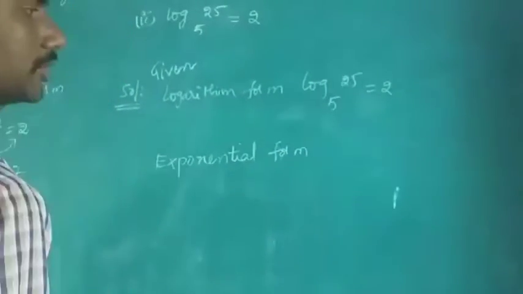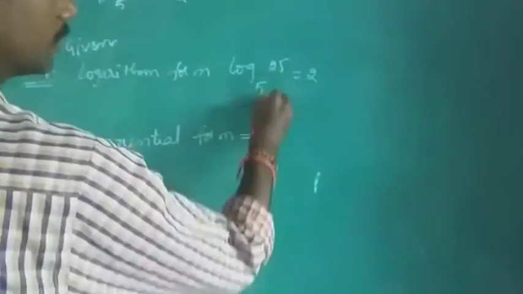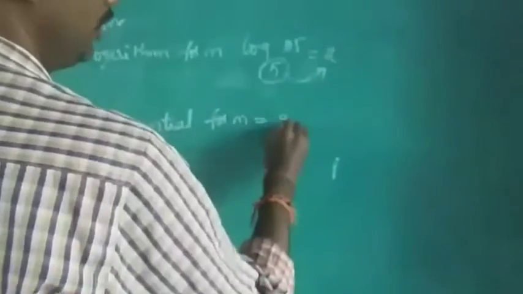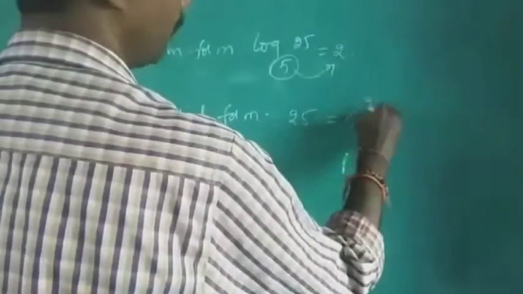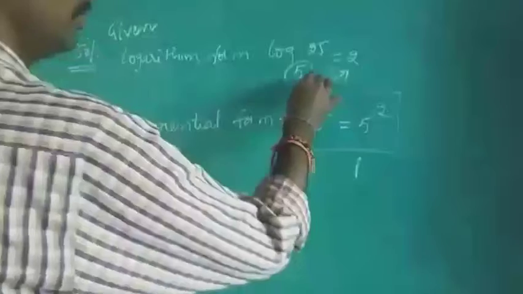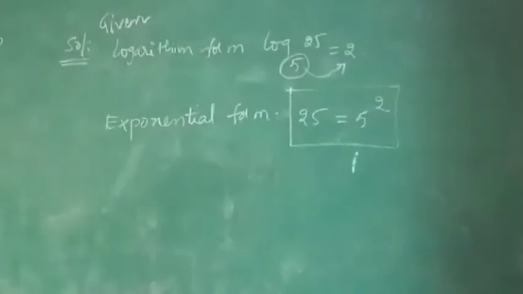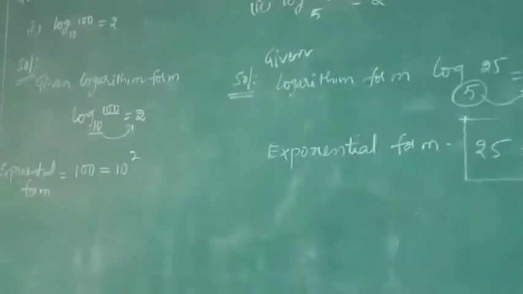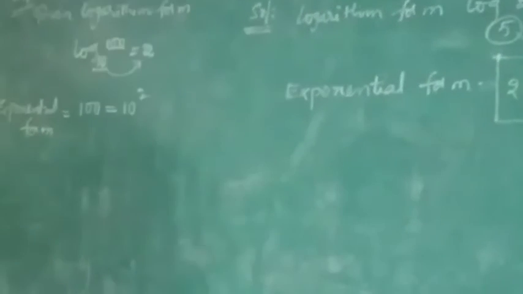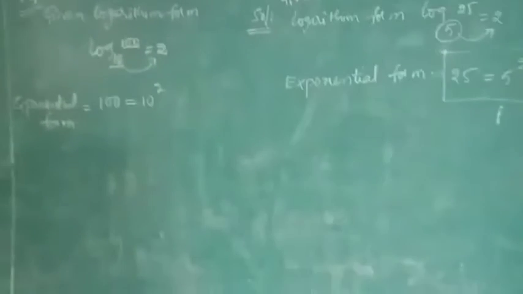How can you write this exponential form? This 5 you are transposing. Then 25 is equal to 5 to the power of 2. This is your transposition. So these are the exponential forms. Now I would like to give you one problem to try.